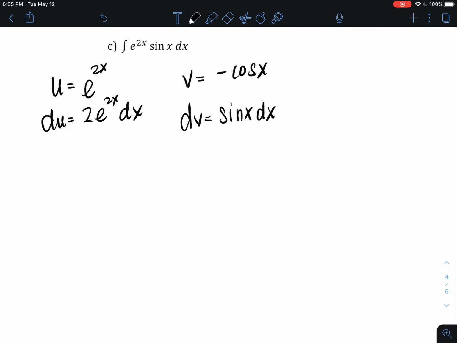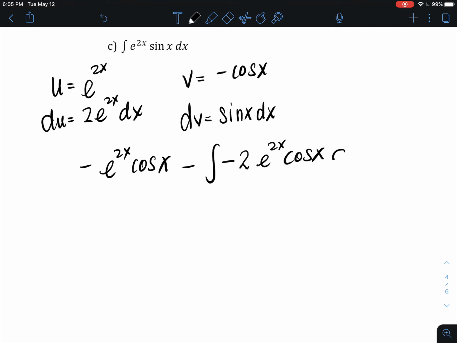So this would give us negative e to the 2x cosine x minus the integral of negative 2 e to the 2x cosine x dx.